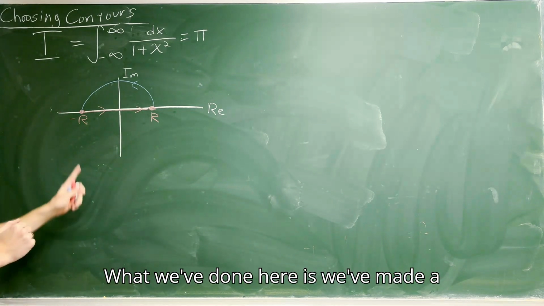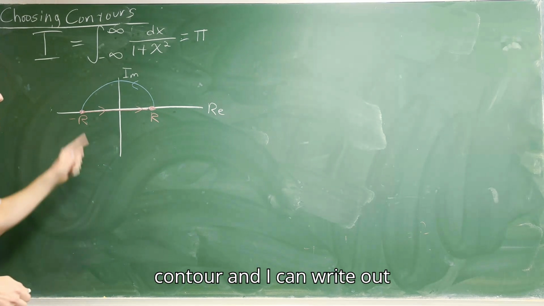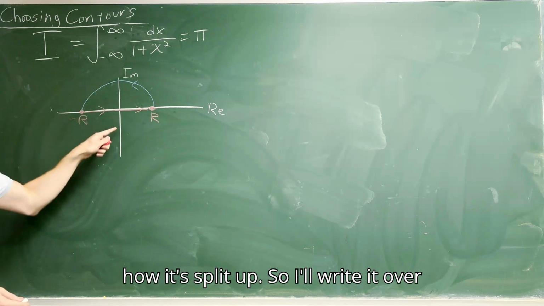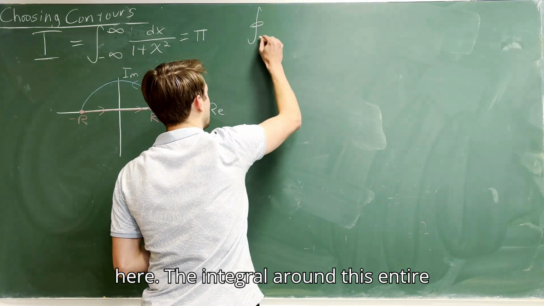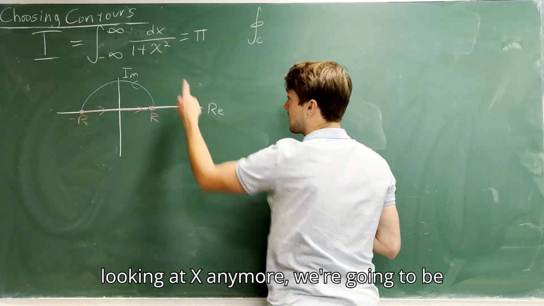So, what we've done here is we've made a contour, and I can write out our closed loop integral, and you can see how it's split up. So I'll write it over here. The integral around this entire closed loop, we're not looking at x anymore.